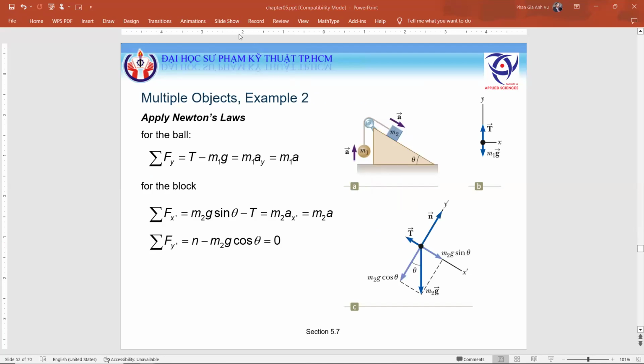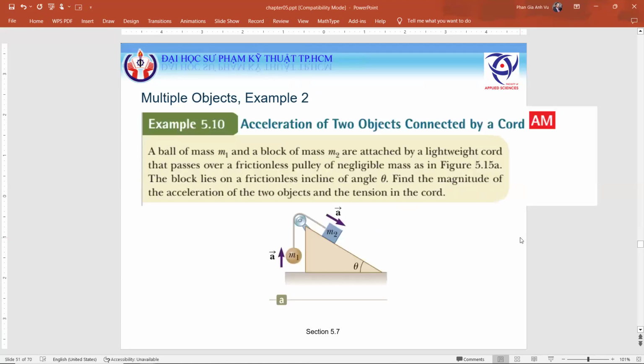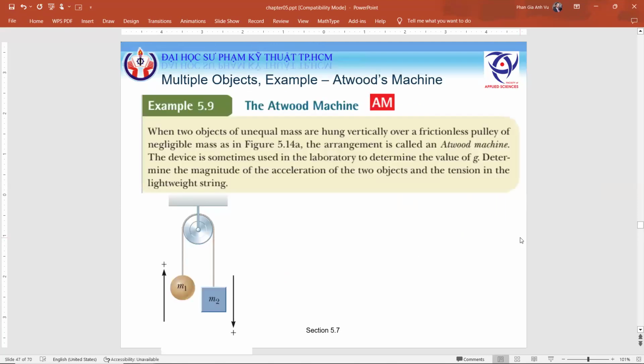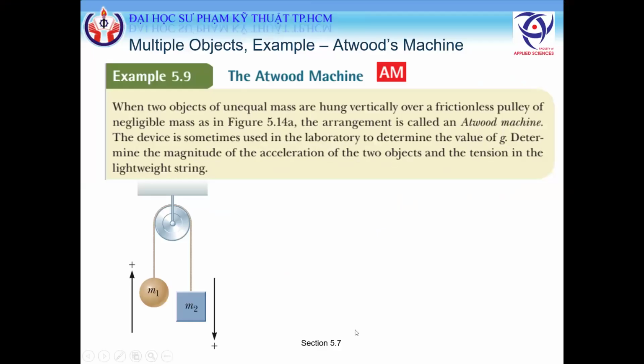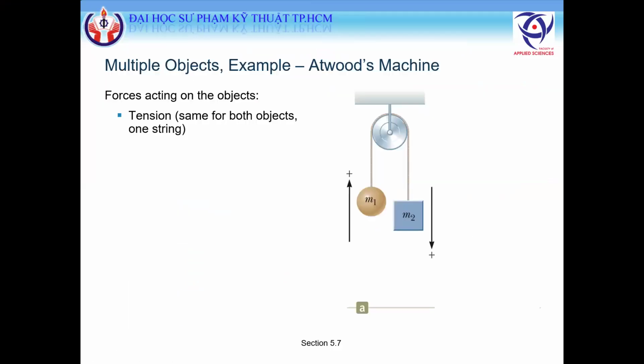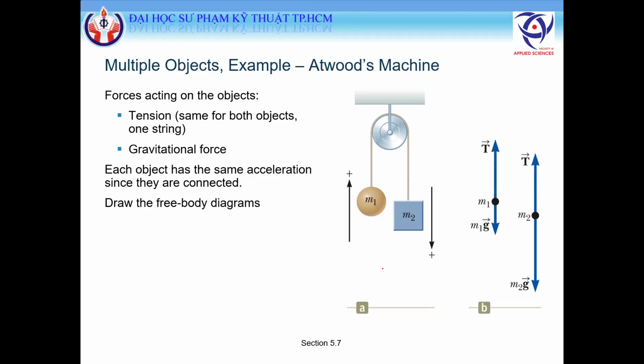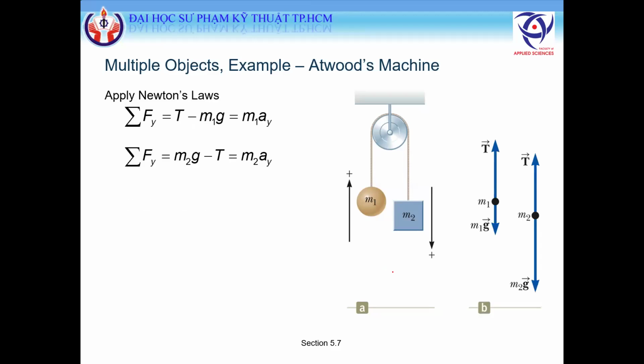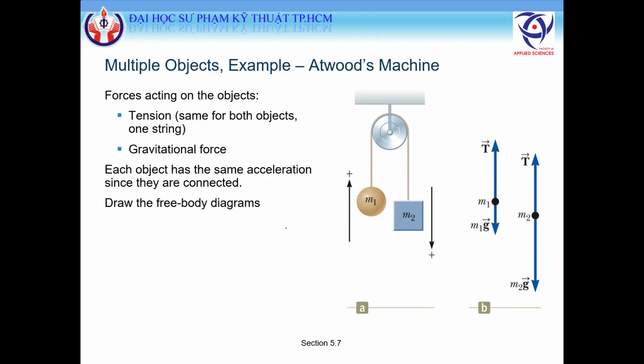Yeah, thank you, Phương Thành. Okay, now I get, from the free body diagram, M1G plus T equal to M1A1, right?